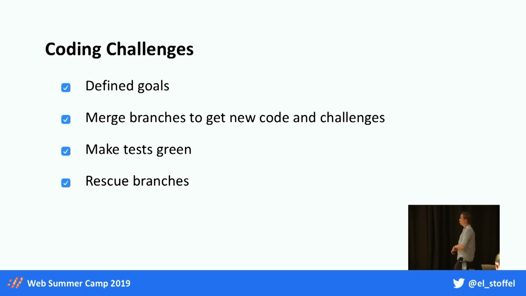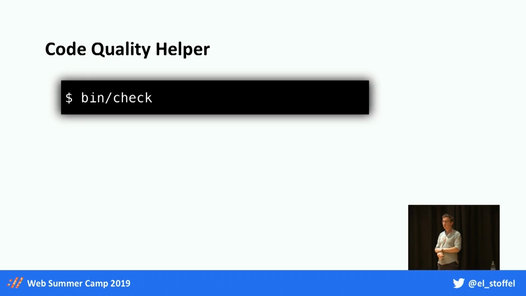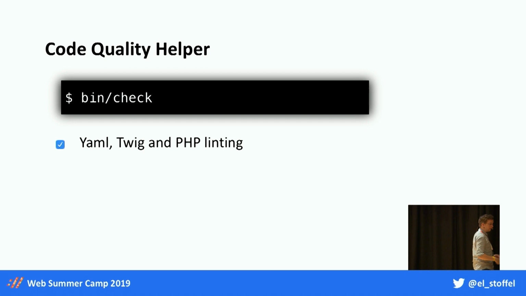There is in the repository a binary called bin/check that executes a couple of static code analysis tools and PHPUnit. You can just run it now and you will see there are some Symfony checks in it, like linting of YAML files and twig files. So if you have an error while developing, you can always run that tool and you will get some help, like, oh, look at your service YAML, it's not valid YAML or something.